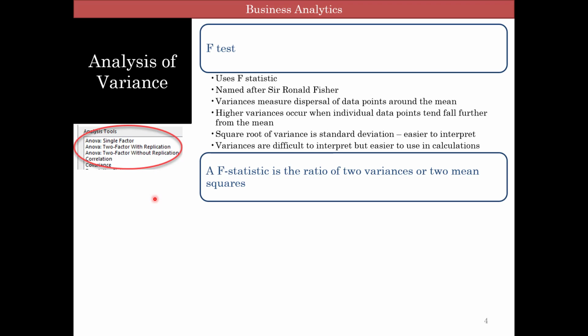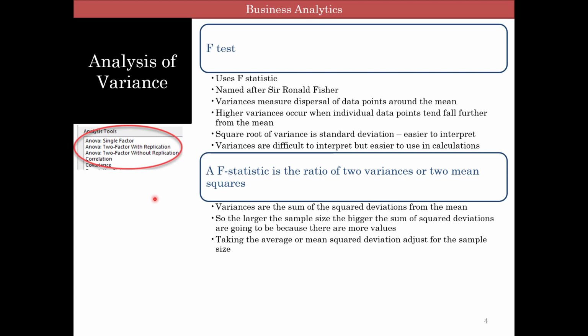So F statistic is the ratio of the two variances or two mean squares. So variances, as we talked about, are the sum of squared deviations from the mean, where deviation is how far away from the mean you are. So let's take an example where the mean is 3, and if your value is 5, the distance from the mean is +2, and the squared deviation is 2 squared, which is 4. So the larger the sample size, the bigger is the sum of squared deviations. Why?